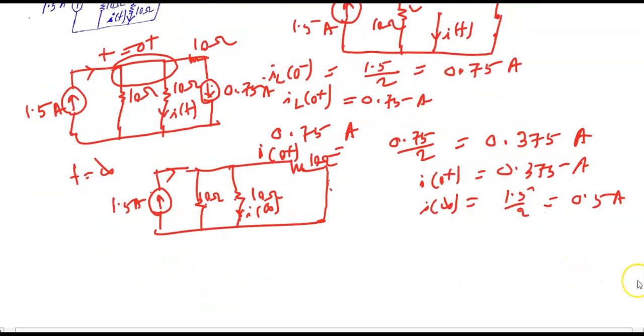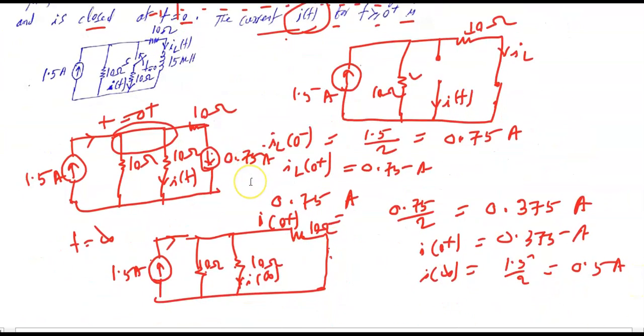Okay, now next move is how to find the time constant from this circuit. When the switch is closed, what will be the time constant? The rule is the energy source reduced to 0. When I reduce the energy source to 0, it's an ideal current source, so the current source will act as an open. So what does the inductor see? Inductor sees that when we look from this side, 10 ohm parallel plus 10, so 15 ohm.